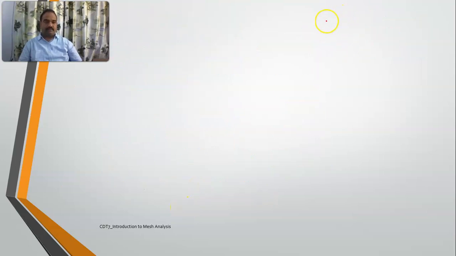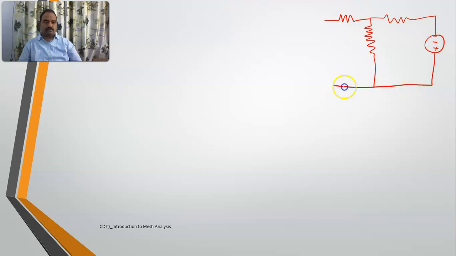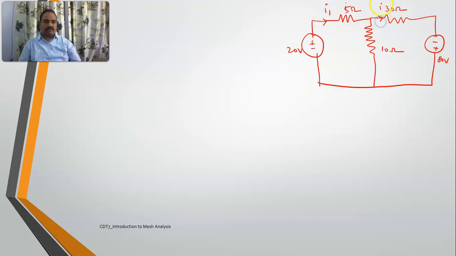So let me draw the figure again. This is I1, this is I2, and this is I1 minus I2, right?